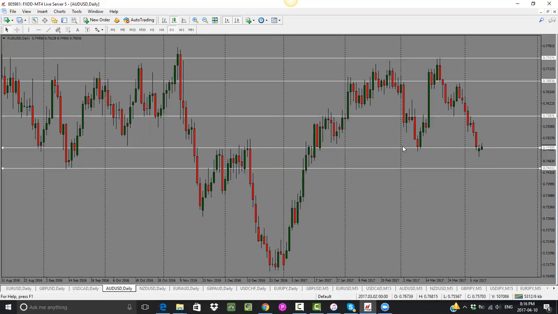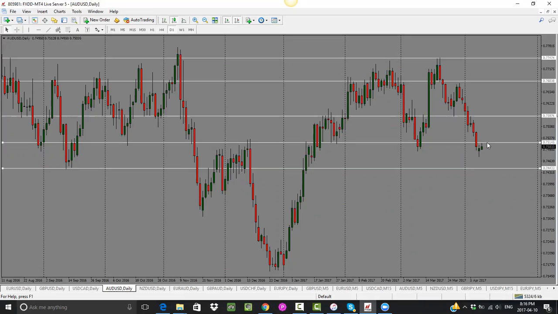In this case, because it's holding below this level here, it's still very close to our previous support and resistance level. We could see a move to the downside here. So we'll keep our level at 75, probably the 20 area would be good.